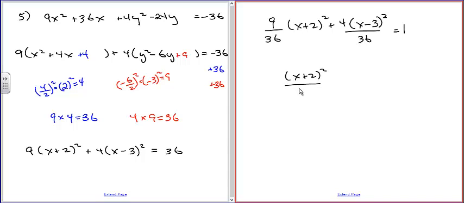You take this and rewrite it, take the reciprocal of that and put it in the denominator. In this case, you can simplify them. So 36 divided by 9 is 4.